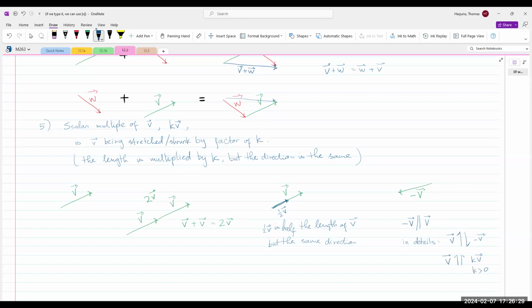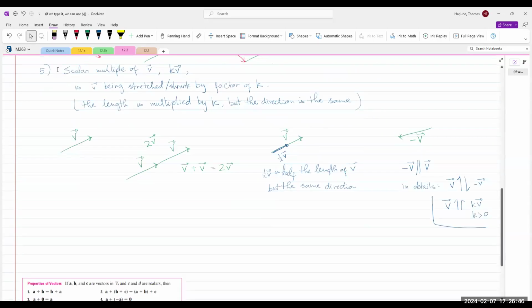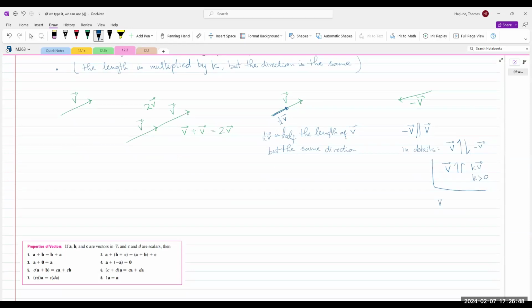It will be parallel and opposite direction if k is negative. Maybe I write down here. Vector v is parallel but in opposite direction with kv when the scalar k is negative.